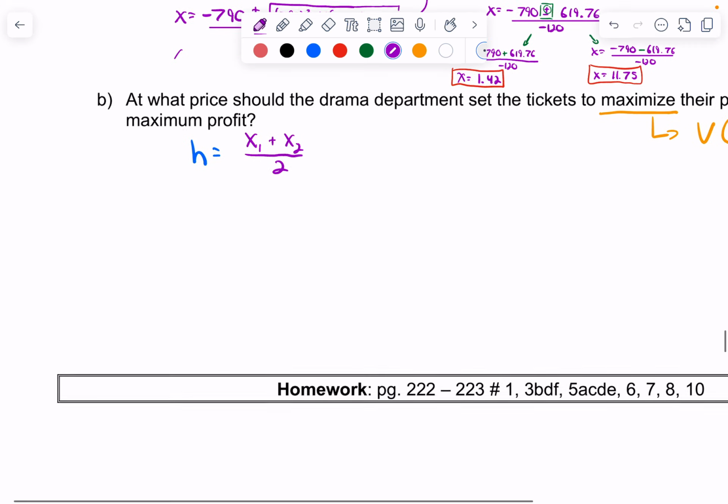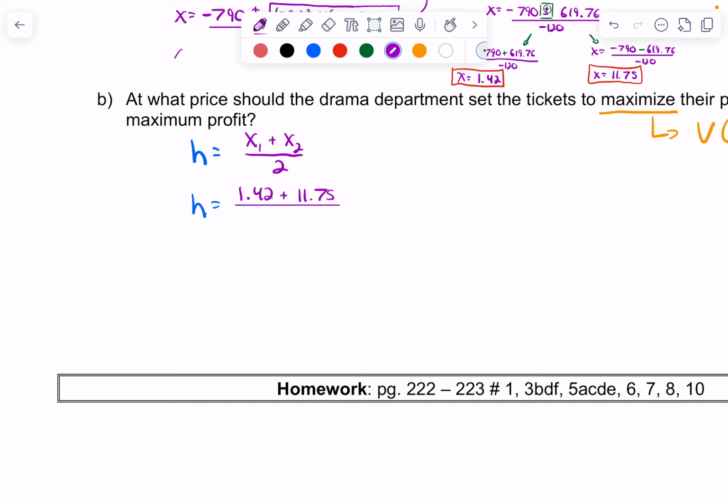It's finding the halfway point. So h would be, in this case, we had one value being 1.42, and the other being 11.75. Take those, add them and divide by 2, and you'll get $6.59.